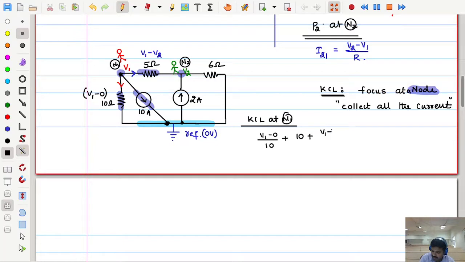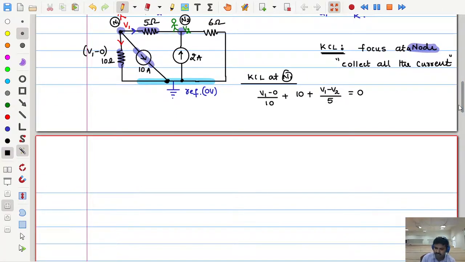Next is V1 minus V2 by 5 is equal to 0. So this is the Kirchhoff's current law at node N1. In this way one can write the Kirchhoff's current law.